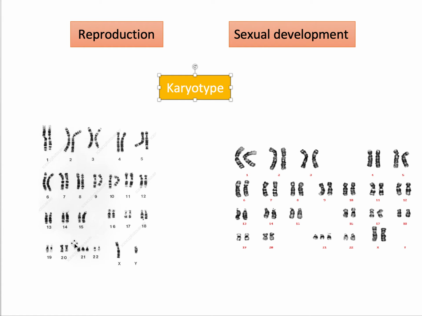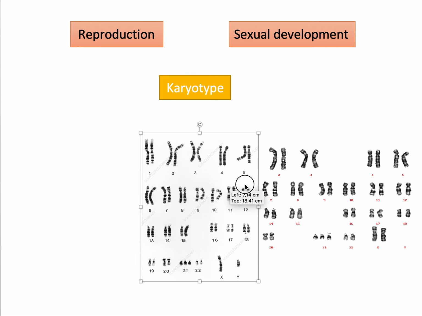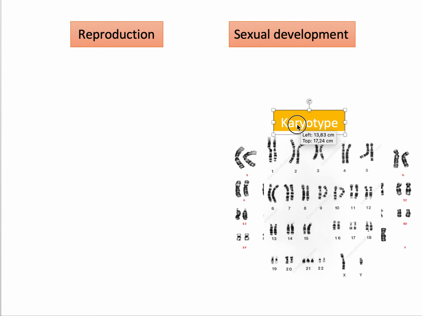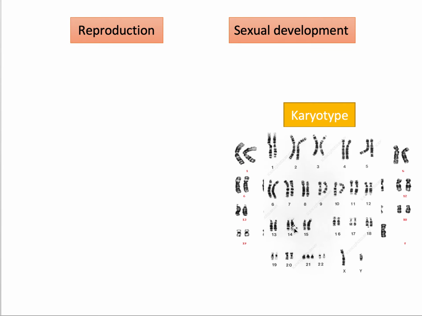You have a problem because you have an extra chromosome. A normal being would only have 2 chromosomes on 21. So having an extra one means that you're not officially normal. Medically, you're not normal. Okay, so see if you can at least remember how to tell the boy and the girl.